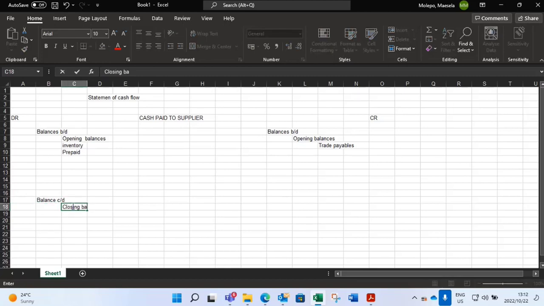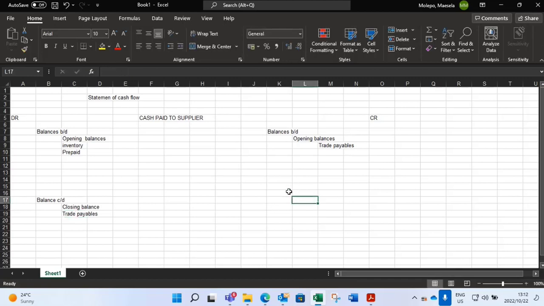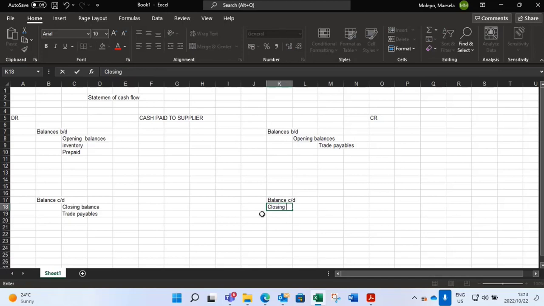And on your credit side, you'll also have a balance carried down, which will be the closing balances of your inventory, as well as the prepayment.